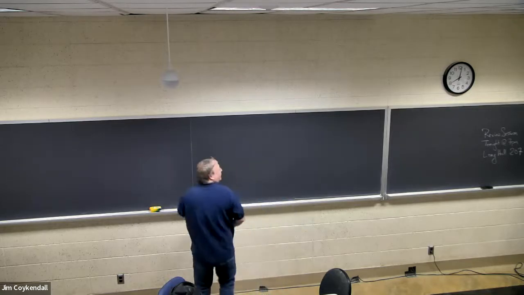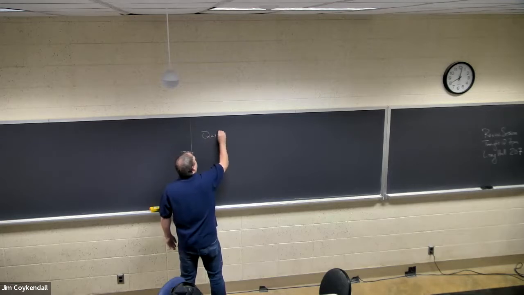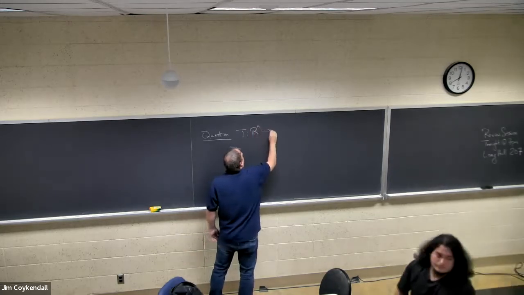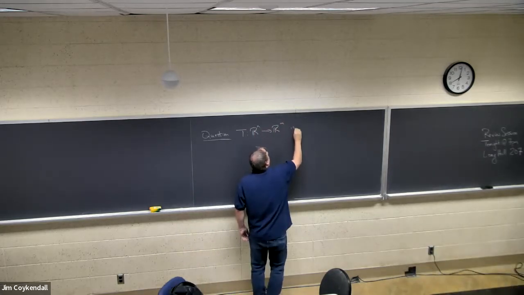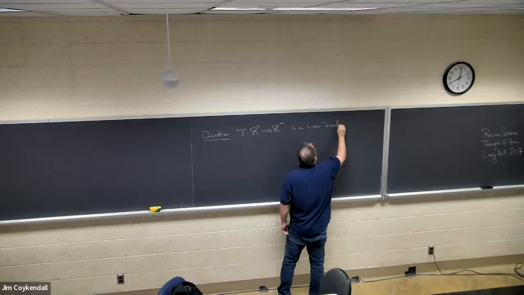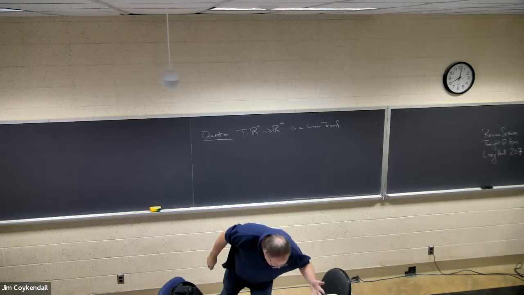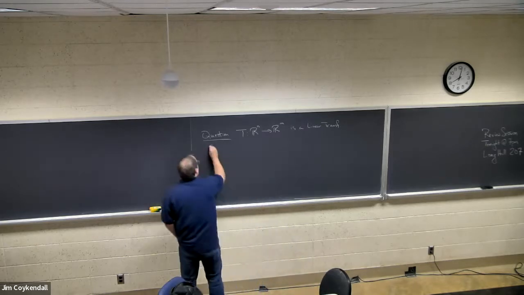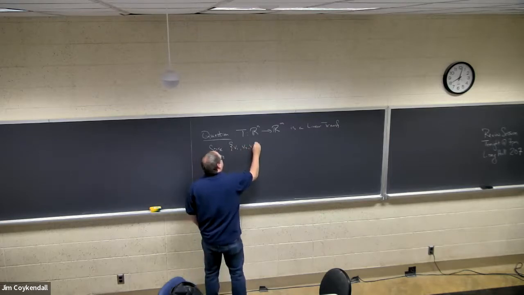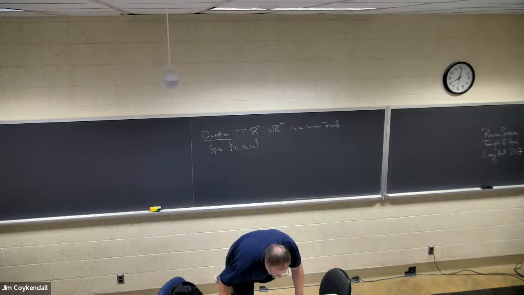So here's the question. Suppose you have a linear transformation from Rn to Rm. Suppose B1, B2, B3 are linearly dependent.